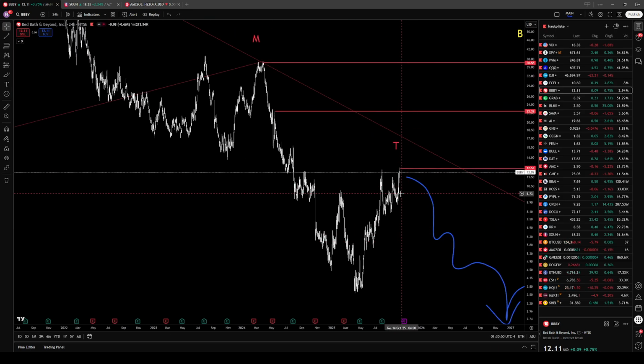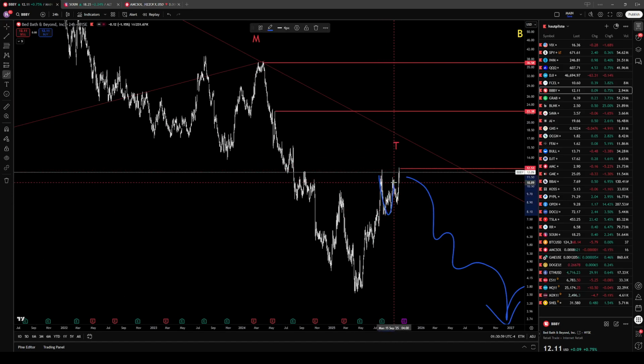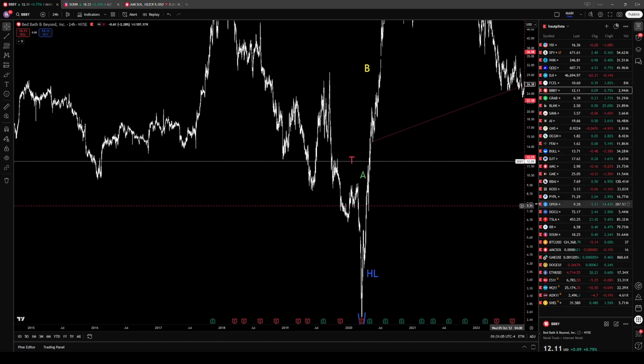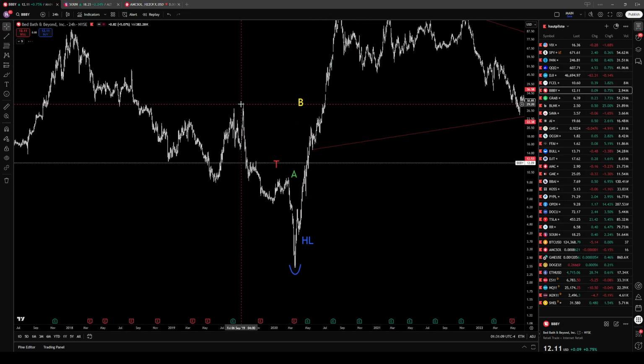you could say is you have here your M, you fall down, you come up again, and here you do your W pattern with a higher right side. The same we did in February.